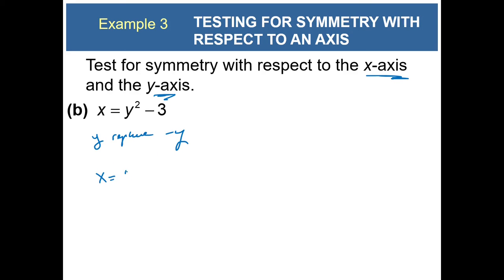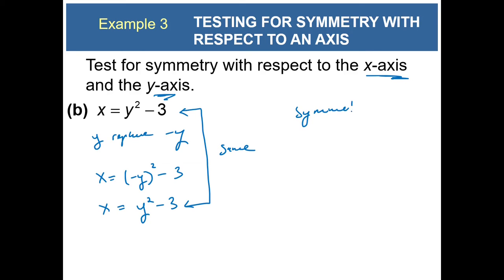X is equal to negative y squared minus 3. X is now equal to y squared, since this becomes positive, y squared minus 3. These two are exactly the same. Since these two equations are the same, we know we have symmetry, and that is with the x-axis.